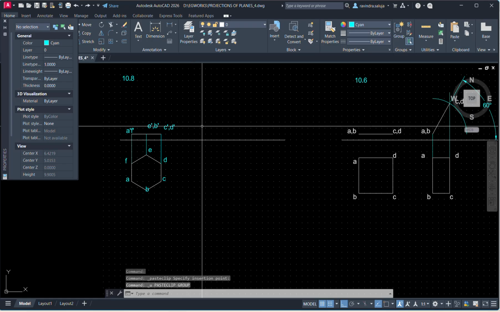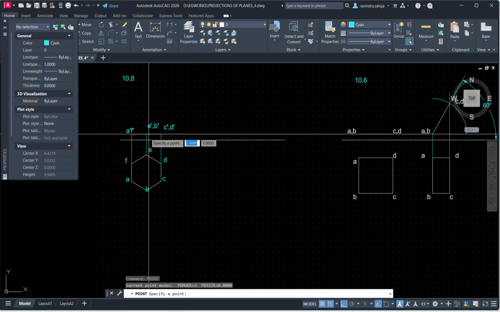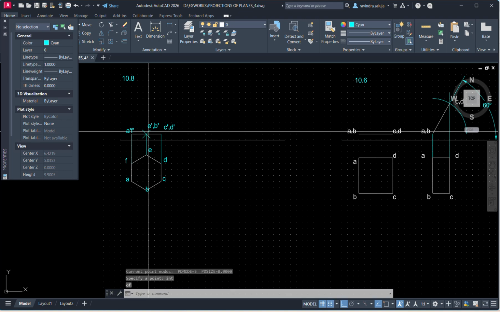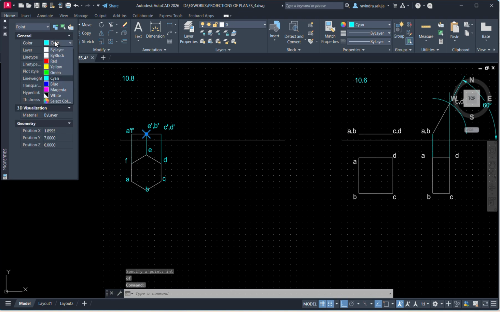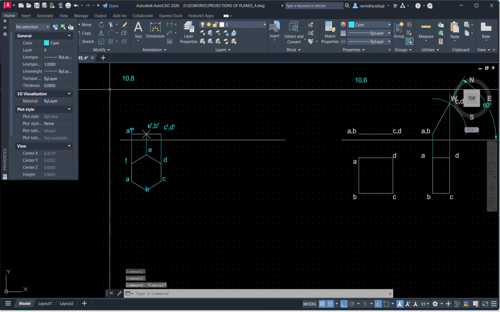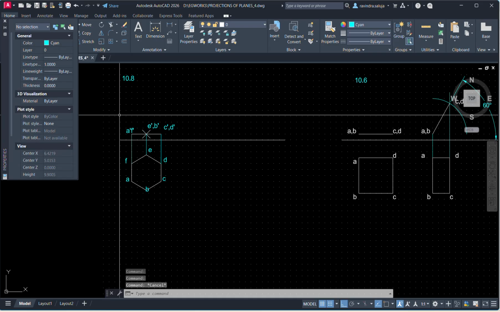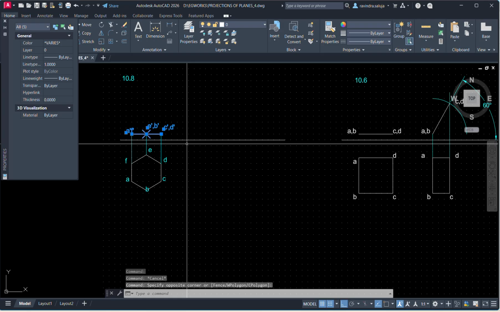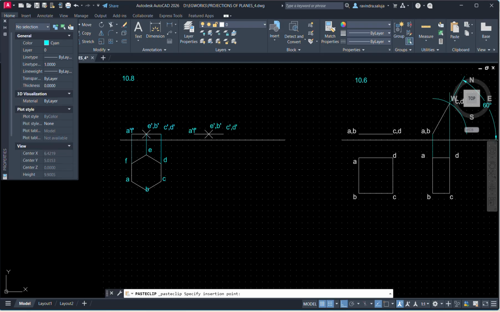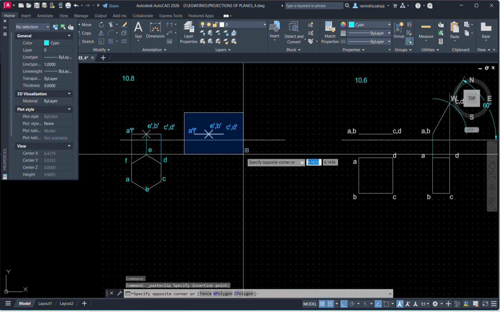Just 1 second, I need to make the points as well. Okay. Now you can copy this view and take it to the other side. Now how much do you require to rotate?